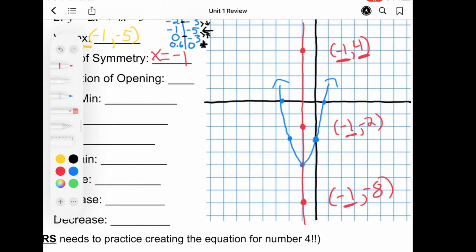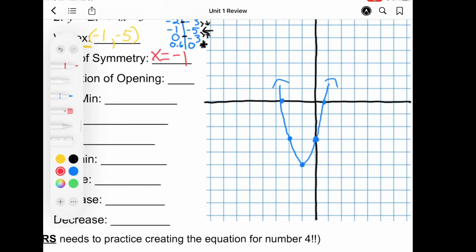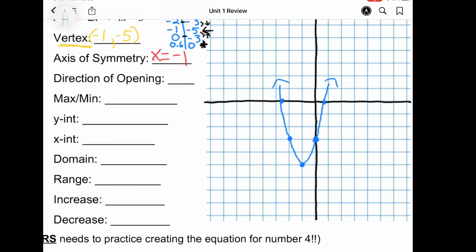So let's erase our red so we can see everything else that we go through. We already did blue, let's do green. So, direction of opening. Hopefully we can see that it is opening up. Now, max or min. I'm also going to do this in green since we didn't have to write anything on the graph.